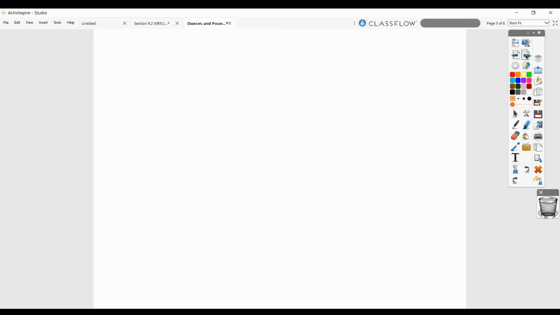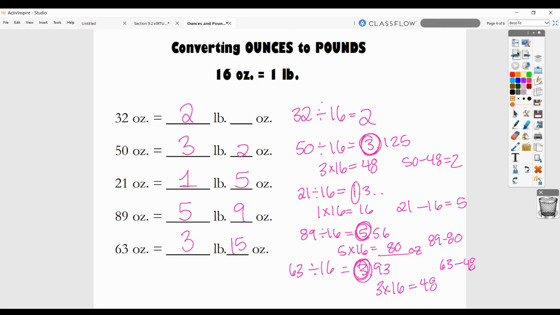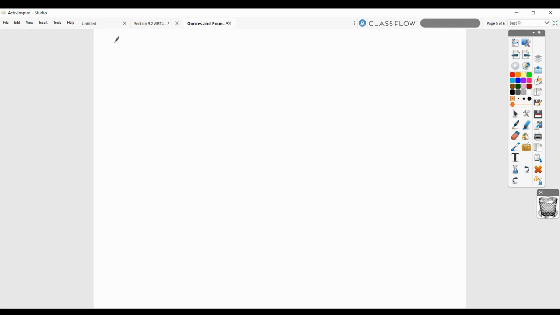Okay, so if you want to do a few more with me here, the first one, I'm going to write them down first, and then if you want to pause and try them out, and then check your answers, you can do that. Let's do 103 ounces. I want to figure out how many pounds and ounces that is. So we're going from ounces to pounds. Next one, let's do 320 ounces.